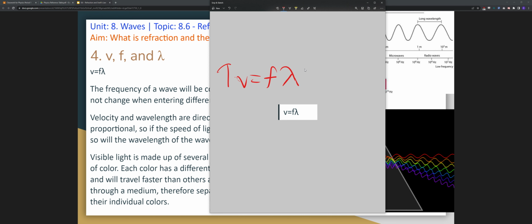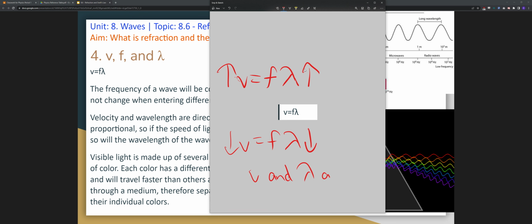So if the velocity of your wave goes up, the wavelength must go up as well. And if the velocity goes down, then the wavelength must also go down. v and lambda are directly proportional.